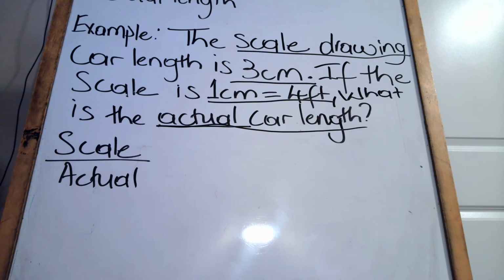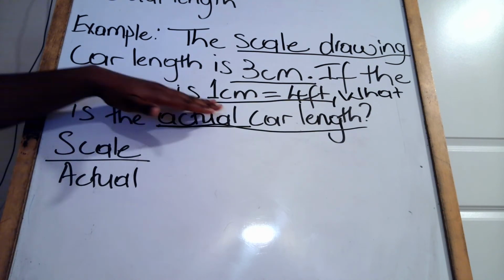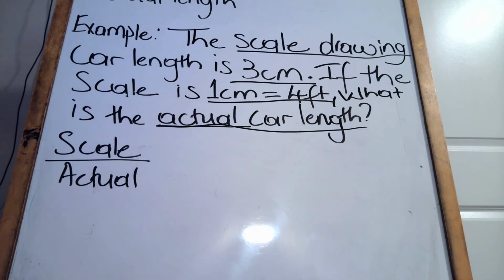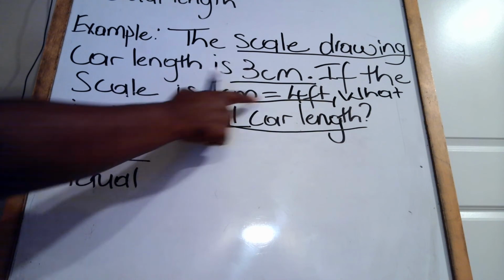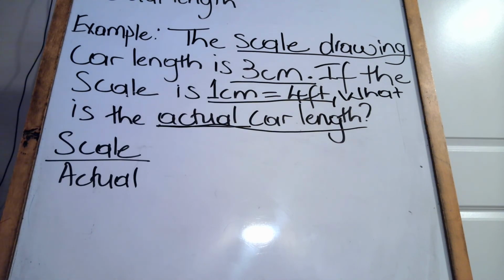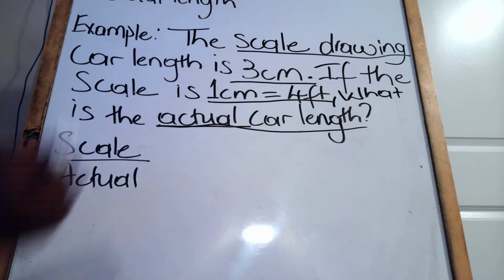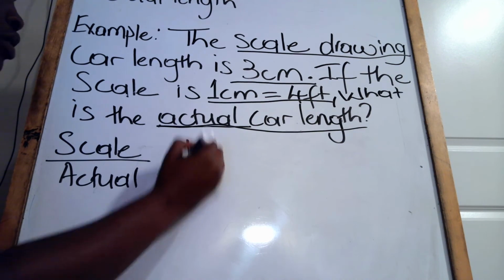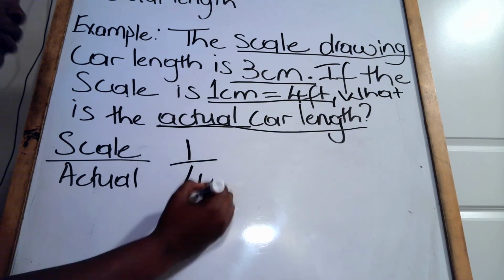Remember, once we're doing scale drawing, it's always the scale over actual. The scale that they give us in the question, the first thing we need to do is to write it as a ratio in fraction form. So writing 1 centimeter equal 4 feet as a ratio in fraction form would be 1 over 4.